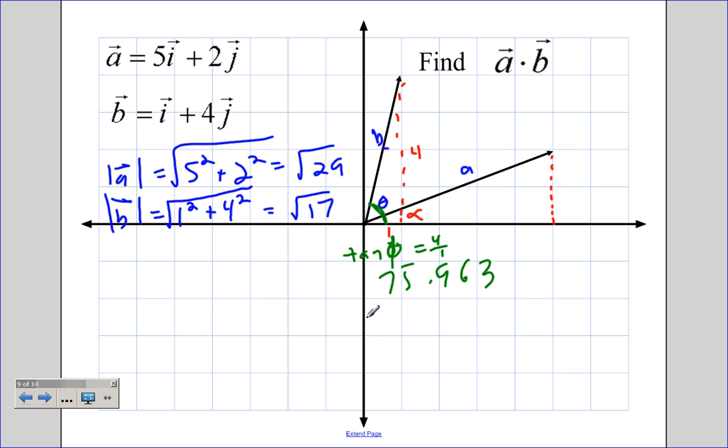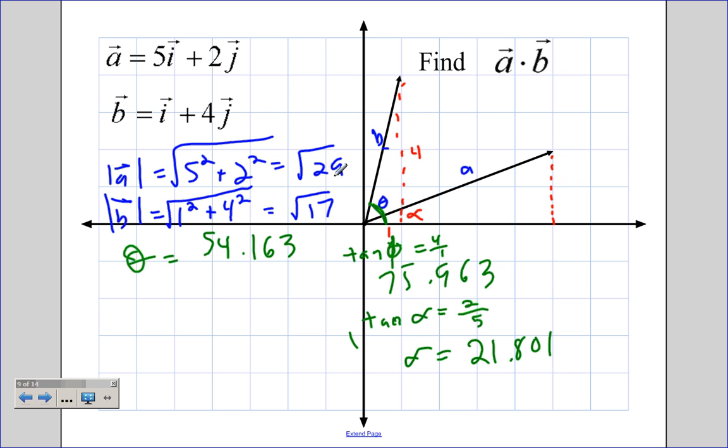If I want to find this alpha, tangent of alpha will be 2 over 5. So if I take the inverse tangent of 2 over 5, alpha would be 21.801. So if I subtract those values, 75.964 minus 21.801, our angle there is going to be 54.163.